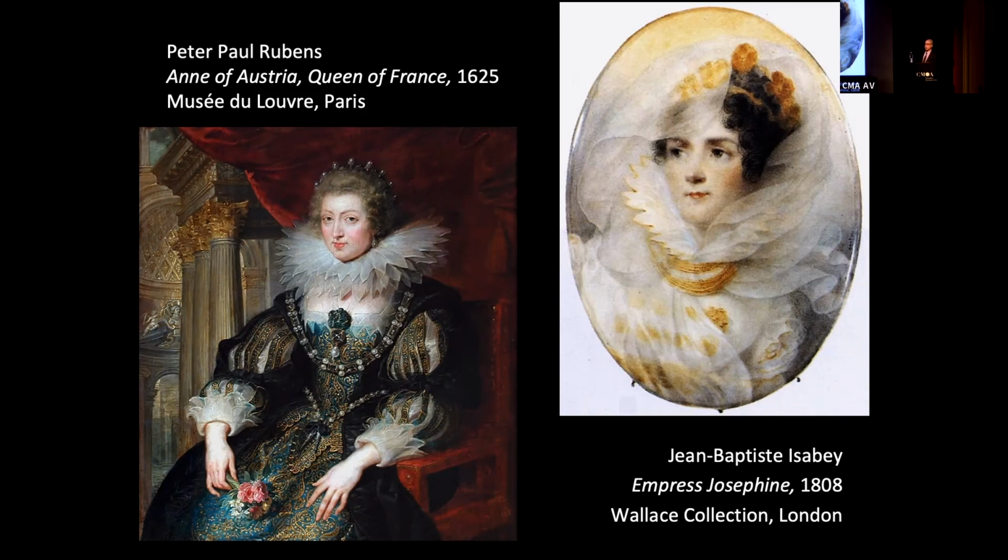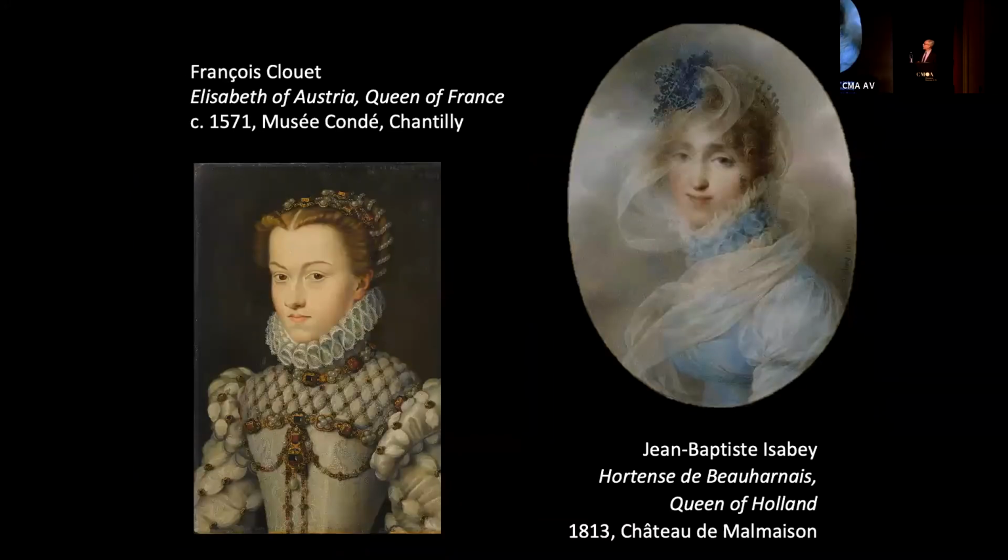Somebody like Empress Josephine, the first wife of Emperor Napoleon, adopting this kind of a spiky collar, like a ruff that goes back to the ruffs of the early 17th century, or Josephine's daughter, Hortense de Beauharnais, who married one of Napoleon's brothers, and he made them King and Queen of Holland.